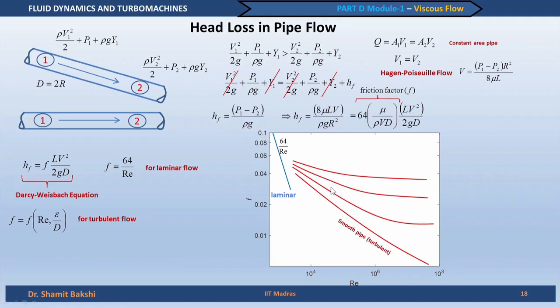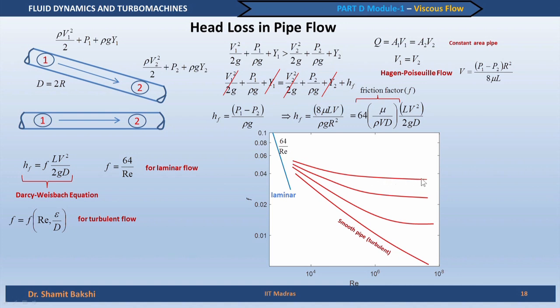At higher value of epsilon by d, you get higher values of friction factor. And as you see here, the curve also becomes more and more flat. In fact, in this region it becomes very flat.